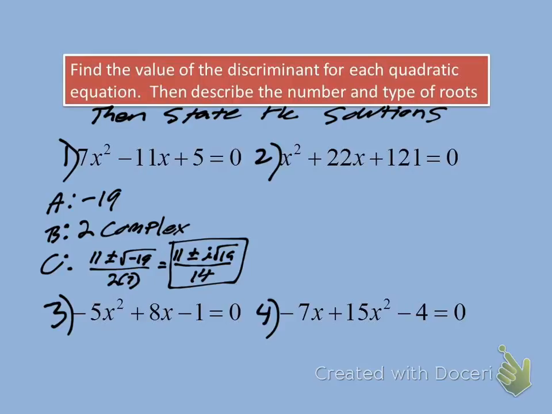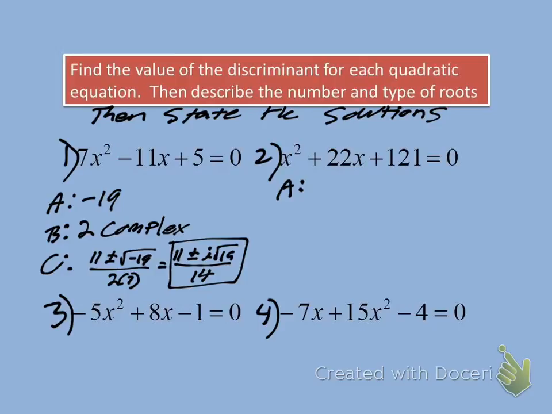On number 2, x squared plus 22x plus 121. All right, first up, what's A? What's B? 22. What's C? 121. Good. 1, 22, and 121. Run those three, what's your discriminant? 0. Good.